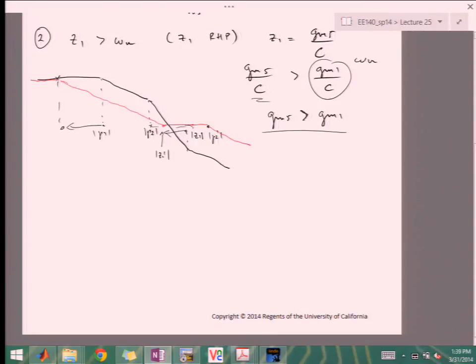Your new phase then looks something like you go like this, then you go 90 down, and then you're going all the way to here. Because of the zero, you go another 90 down, and then once you start approaching the pole, you get another 90 down.